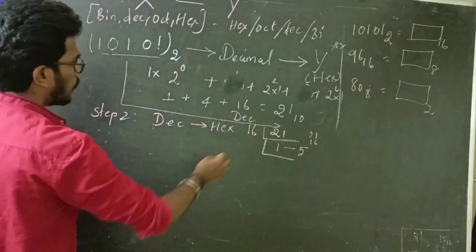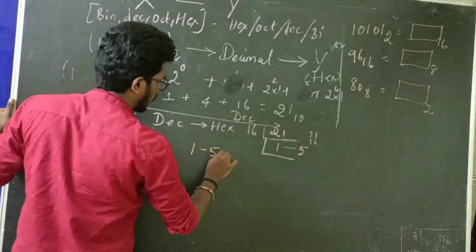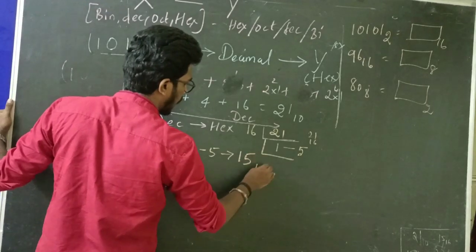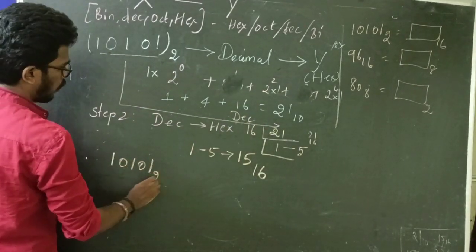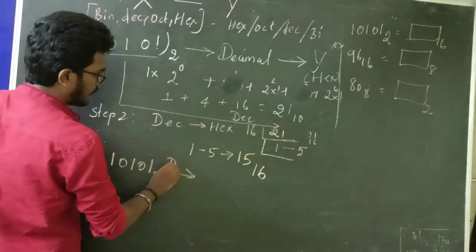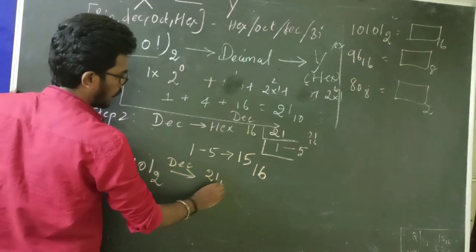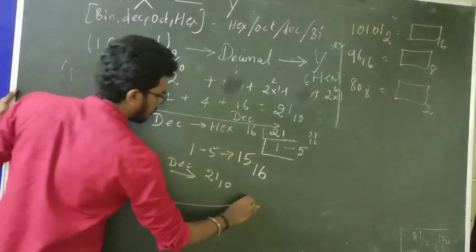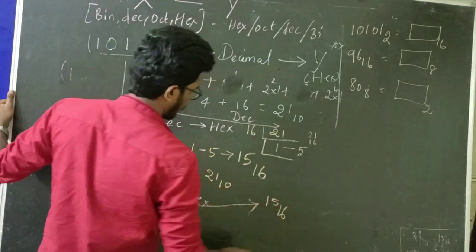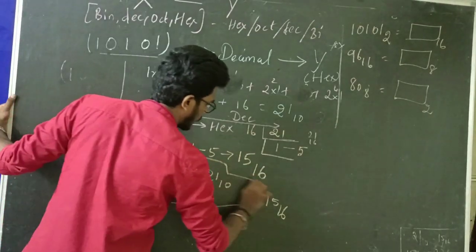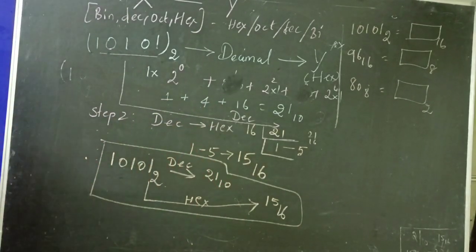So obviously you get 1, 5, which is nothing but 15 base 16. Therefore, 10101 base 2 has the equivalent decimal value 21 base 10. The expected hexadecimal value is 15 base 16. So easily I converted a decimal back to hexadecimal.